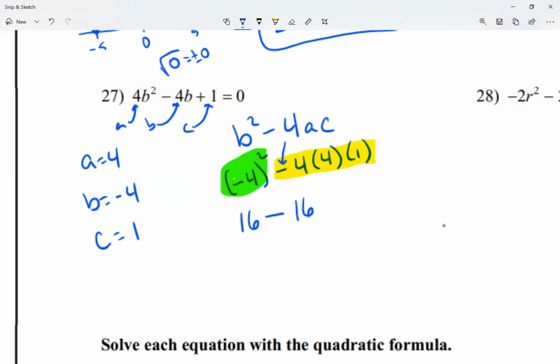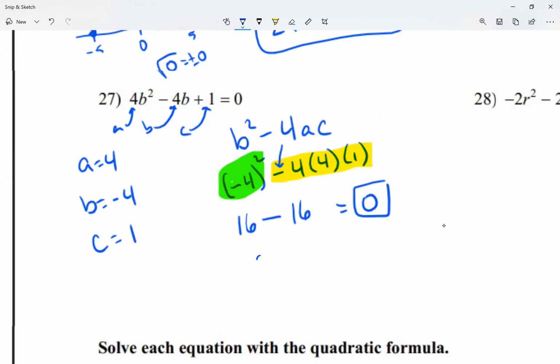Now to find my discriminant, 16 minus 16, my discriminant happens to be 0. When I get my discriminant to be 0, that's going to give me 1 real solution.